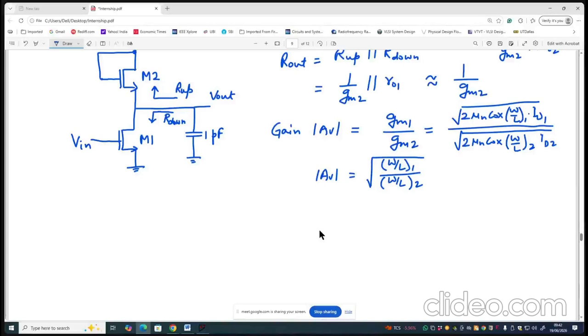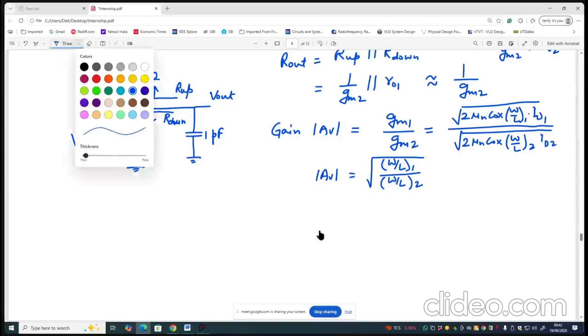Yes, sir. So what we see over here is that the gain of this common source amplifier with diode connected load is actually the ratio of the widths of the two transistors, and if we take the length of both the transistors to be the same, then it will simply be a square root of W1 upon W2, right? Now we have been told that the gain is greater equal to 5 in the specification.